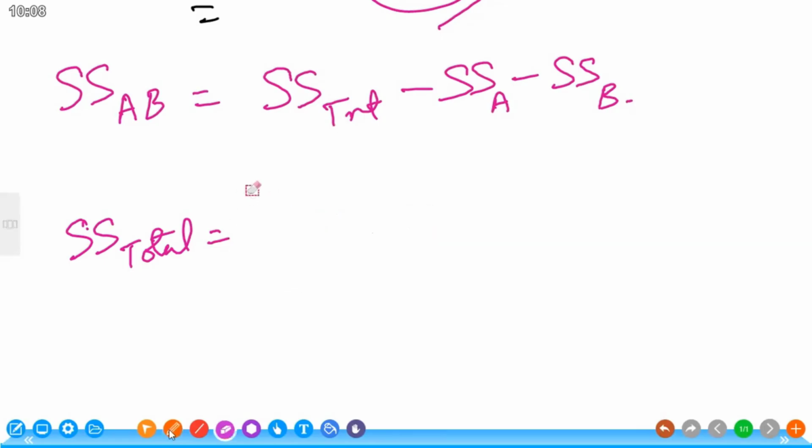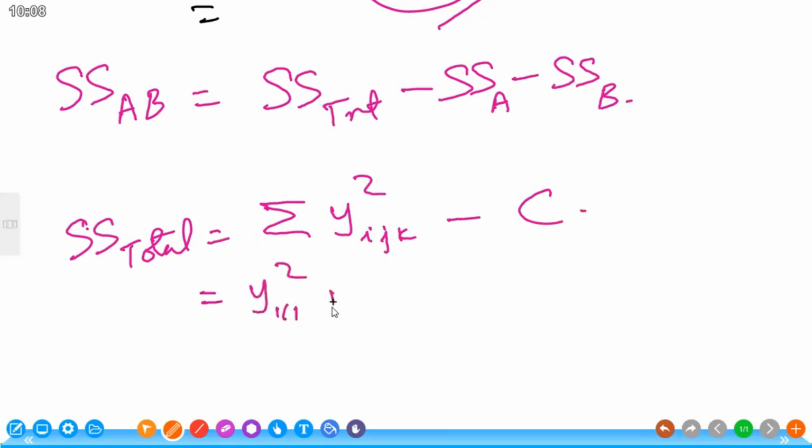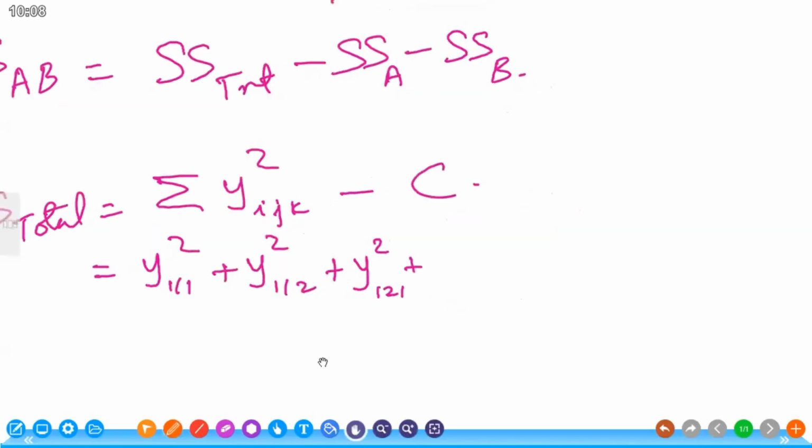Before giving the explanation, I give the formula: summation y(i)j(k) square minus C. So this is the formula you could have seen. The last component in our case is y432.